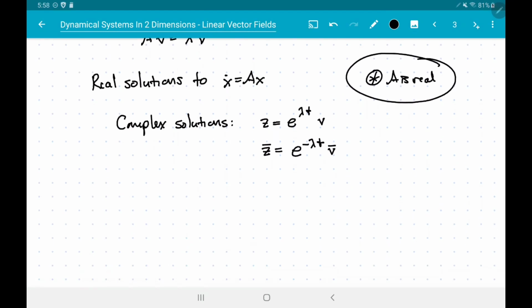I need to put a bar right there. That was a mistake, sorry. So the solutions come in complex conjugate pairs. And again, you can simply take the derivatives with respect to t of both sides, and you'll be able to make that work.